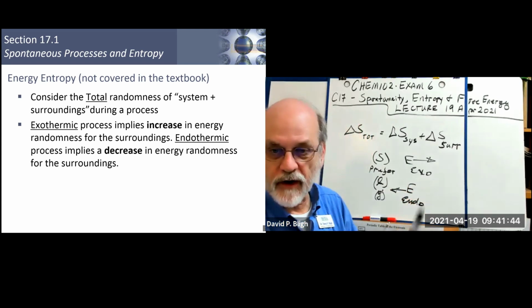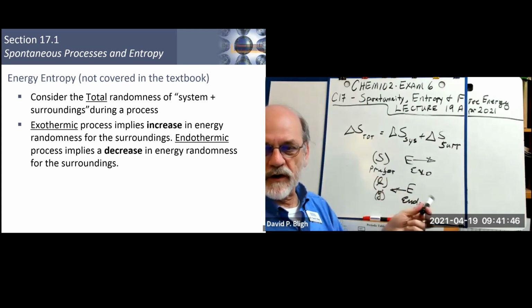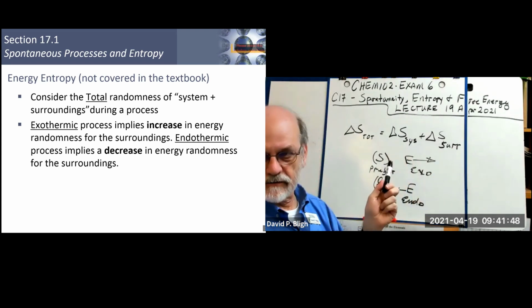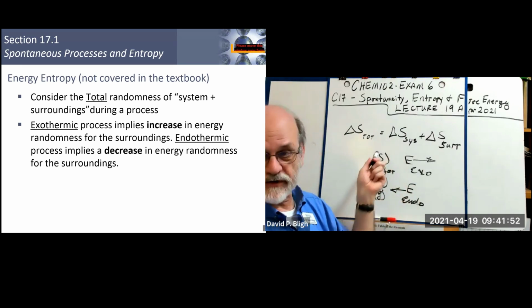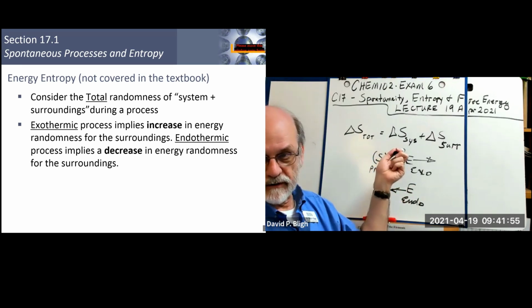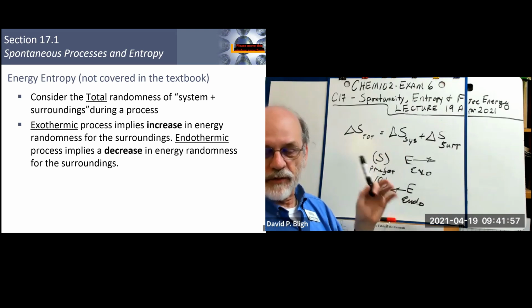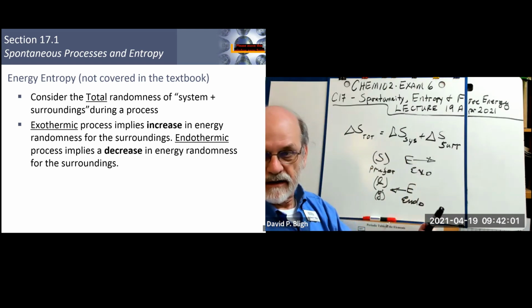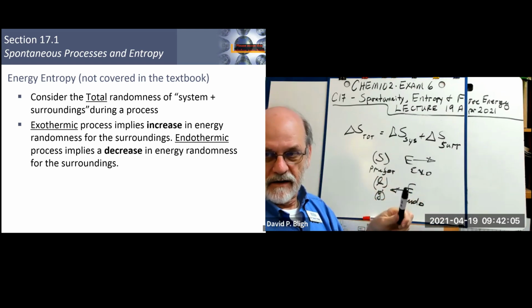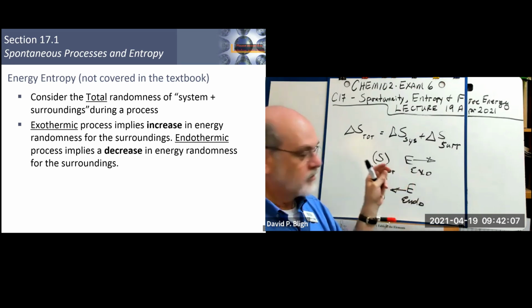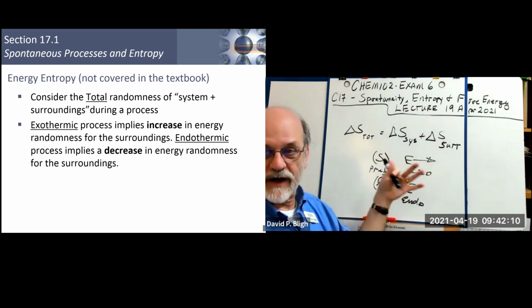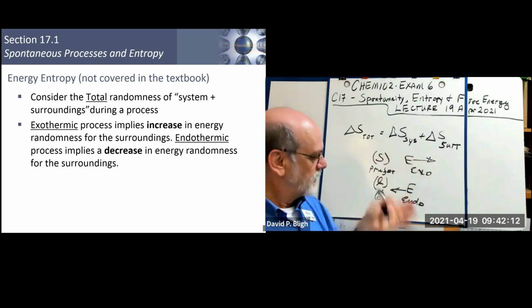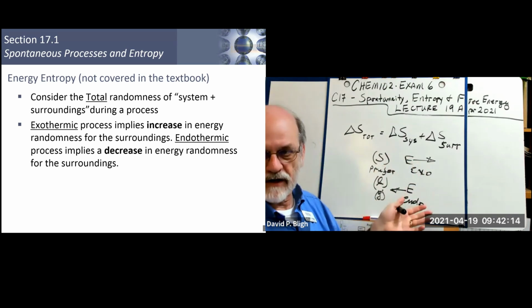An endothermic process would decrease the energy randomness of the surroundings and increase the energy randomness for the system. That would be not preferred. So the preferred energy entropy is exothermic, which we would expect to describe a spontaneous process, whereas the endothermic would be non-spontaneous.